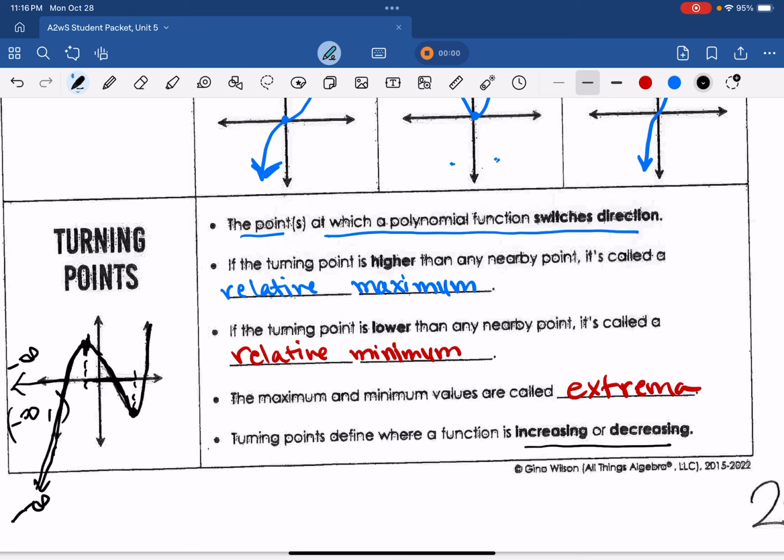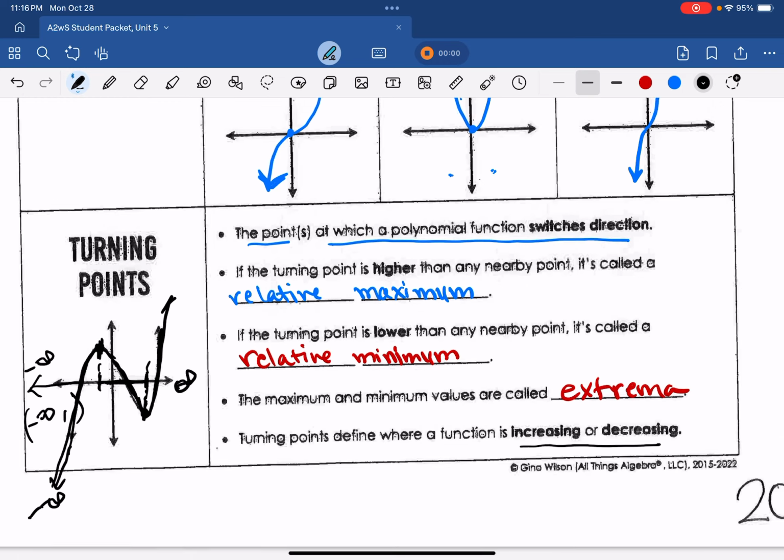So that's a decreasing interval from whatever this x-coordinate is to whatever this x-coordinate is right there. And then it turns again, and now it's increasing. And it's increasing from whatever this x-coordinate is to positive infinity. So we're going to talk about our increasing and decreasing intervals next.